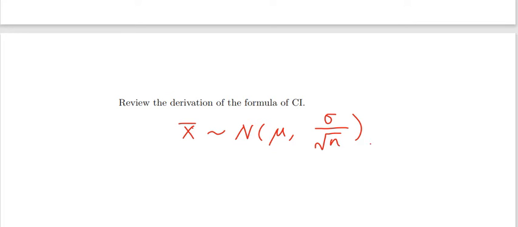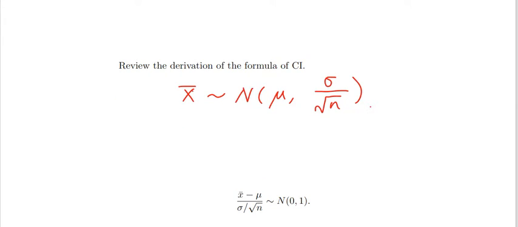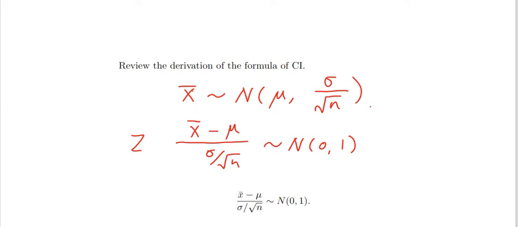This is always true; it is the sampling distribution, or the central limit theorem. From the general normal, we can change it to the standard normal: x bar minus mu divided by sigma over radical n follows the standard normal. We denote this as z.